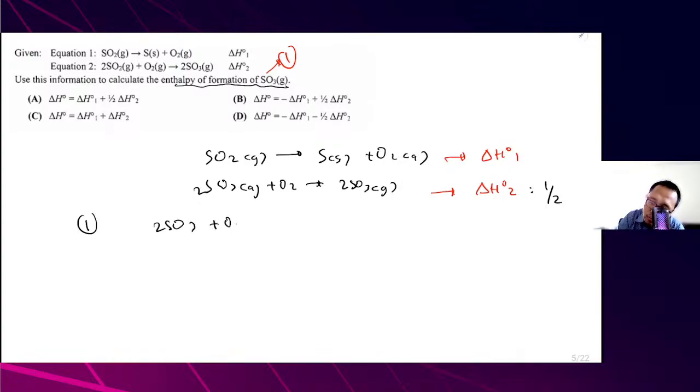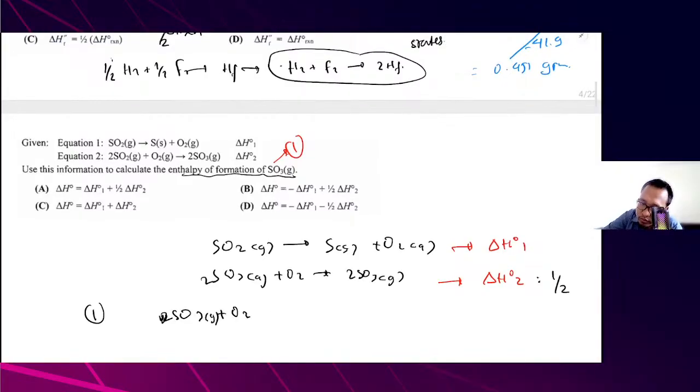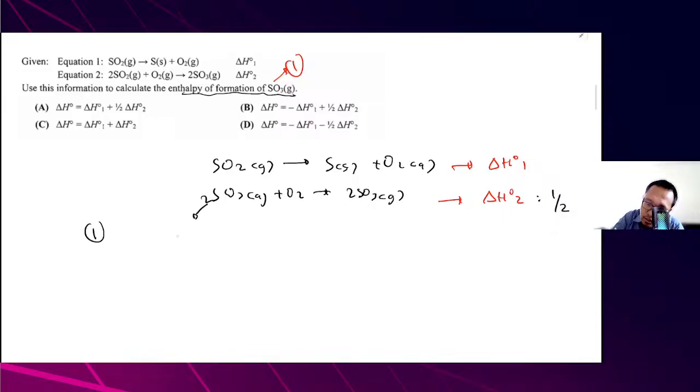So it will be SO2 plus half oxygen giving SO3 in gas. So what we want to see in the product should be this one.